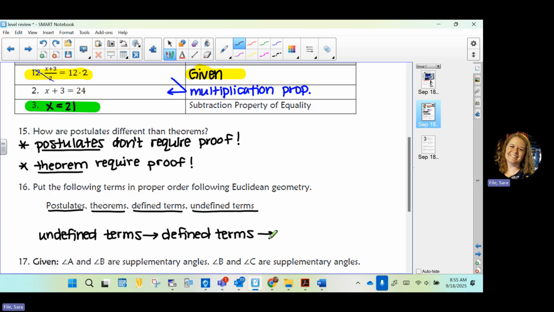It's postulates, because postulates don't have to be proven. They're accepted as true. And then theorems require proof. And those theorems, we can prove them using postulates and using definitions. So theorems use everything behind them in the order. Does that make sense?